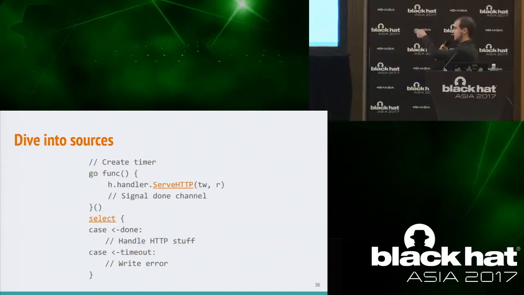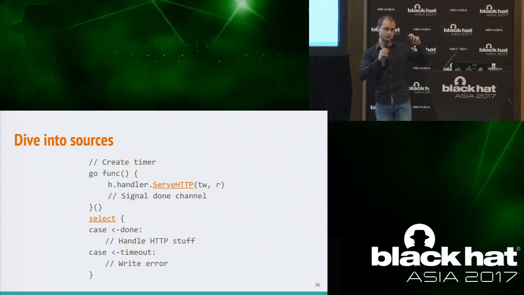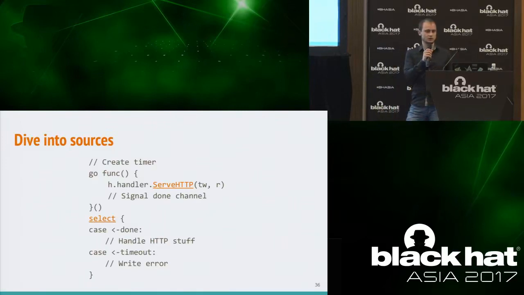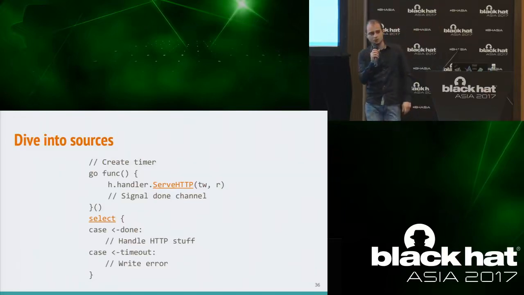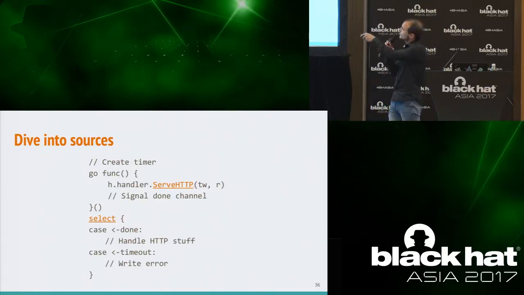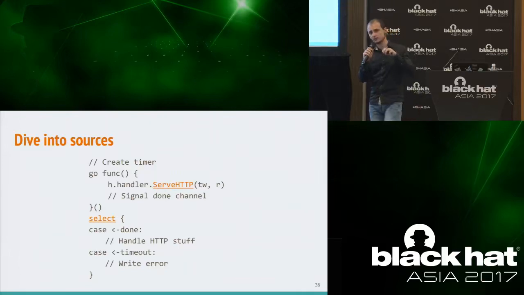So this is stripped from the original sources. It's just a piece of the original standard library. They are using a Go routine to serve your HTTP server, and they are setting up a timer to write into a channel after a certain amount of time has passed.